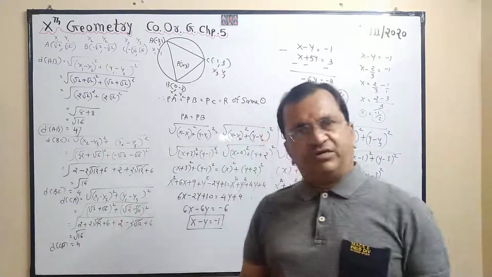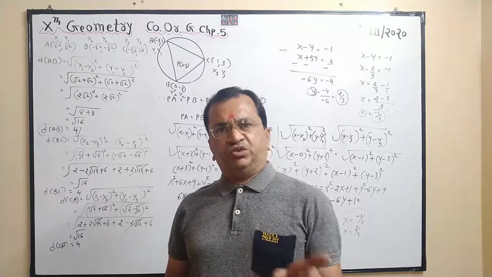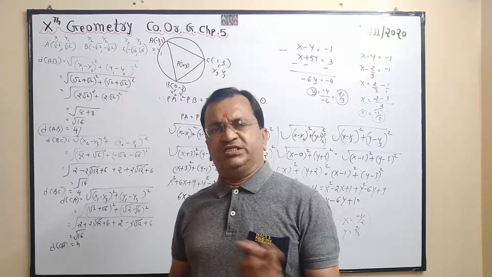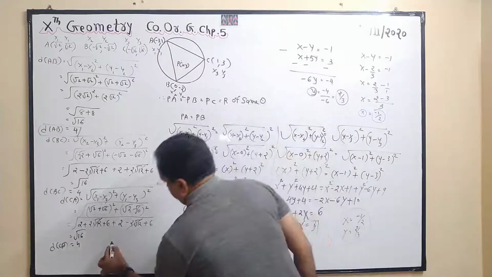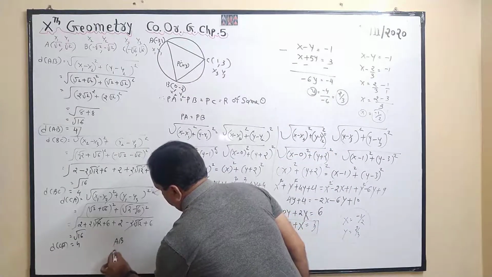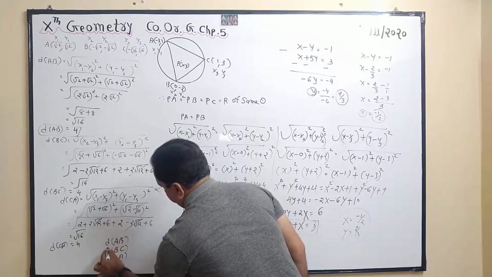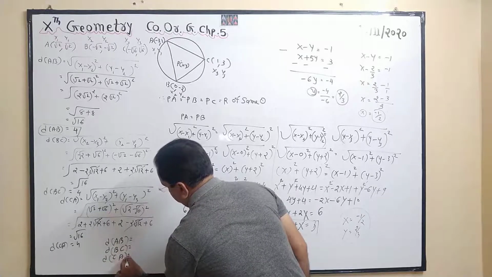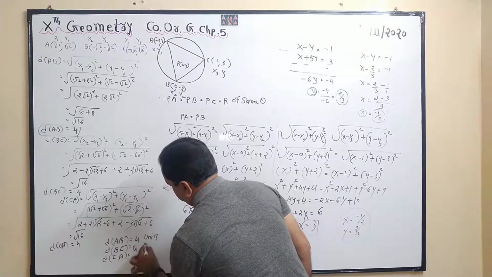All three sides are equal, so it is an equilateral triangle, and the sum of 2 sides is greater than the third. So AB plus BC is greater than CA. AB, BC, CA are each four units.